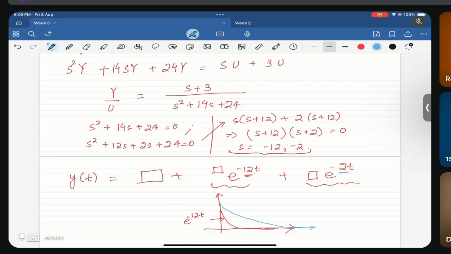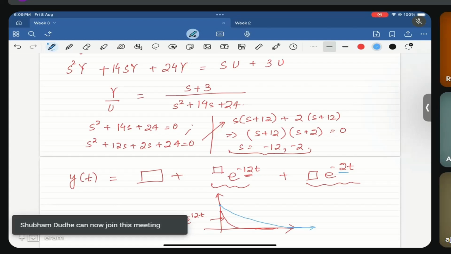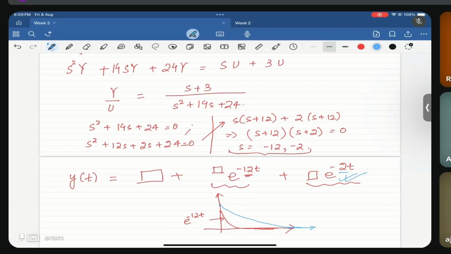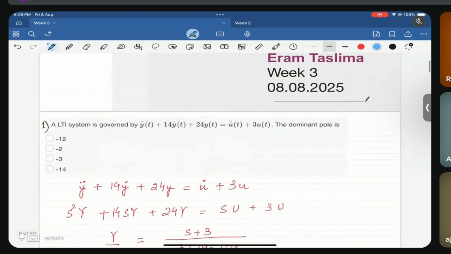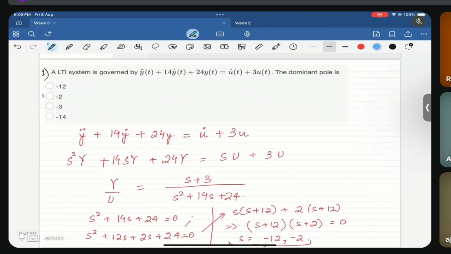So whose effect in the response of the system is dominant? Which exponential? This one, right? So which pole is dominant in this case, minus 2 or minus 12? It is minus 2. The rule of thumb is that the pole which is nearer to the j omega axis is considered the dominant pole.